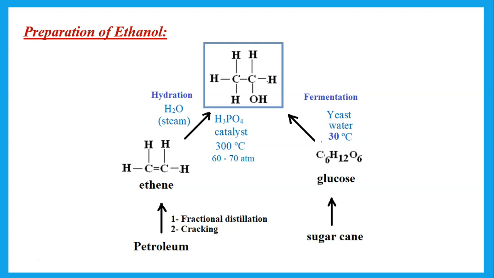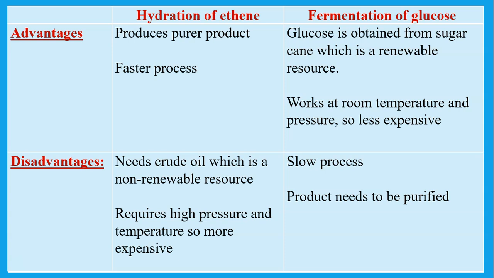I leave the yeast with the glucose solution for some time before it forms ethanol, and the final product is a mixture of yeast, water, and ethanol. So I need to filter to remove the yeast, and I need to separate ethanol from water, two liquids with different boiling points. So I need to get my ethanol by fractional distillation.